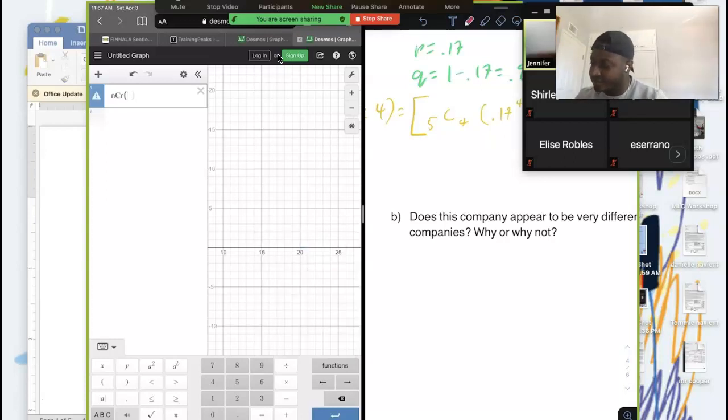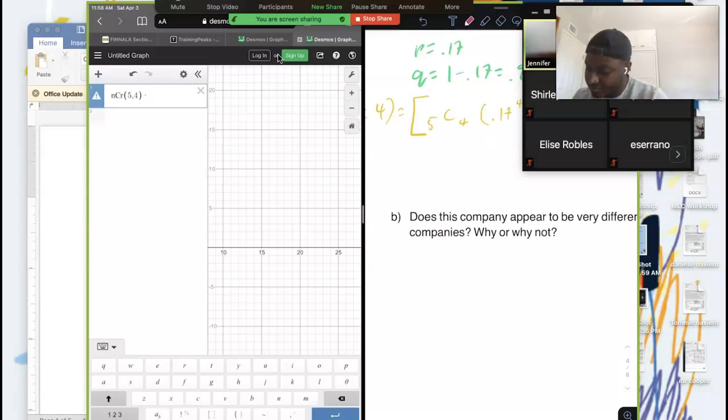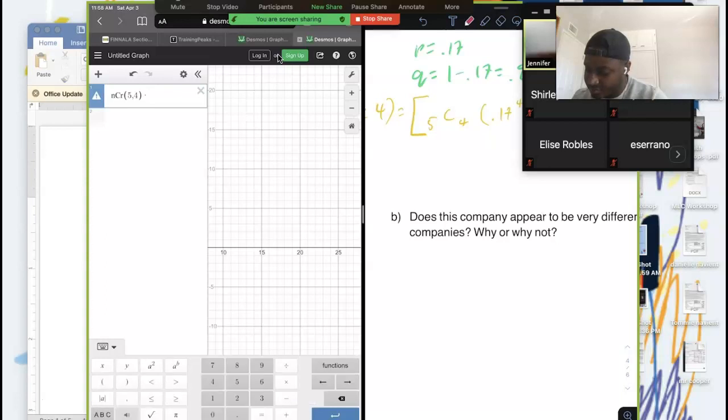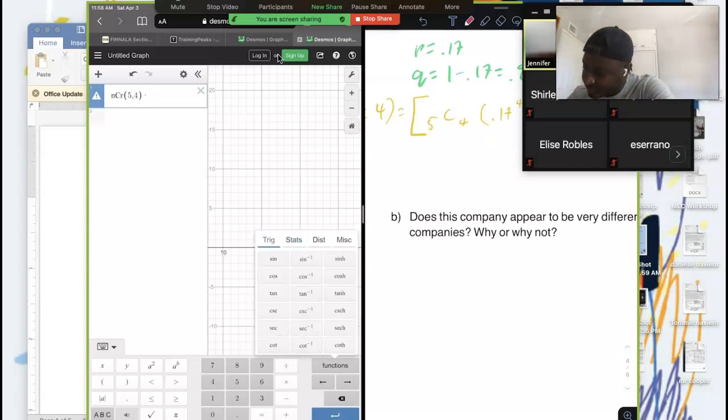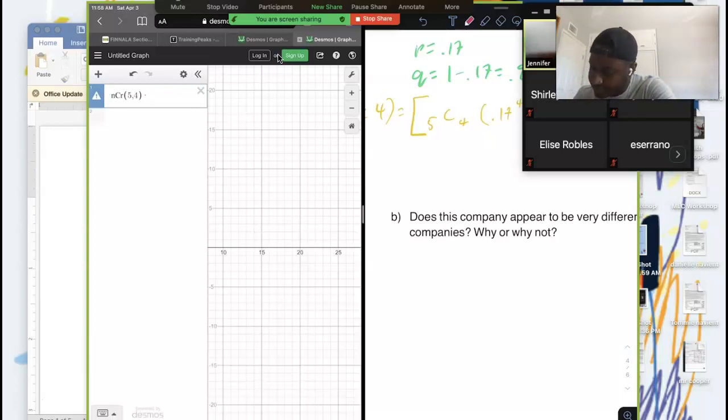So nCr, we're going to go 5, comma 4, and then times, and then we're going to have the rest of our stuff. So it's going to be, where is it at? Uh-oh. Oh, maybe we can't do it here because there's no exponents.